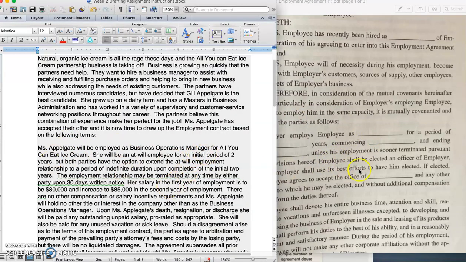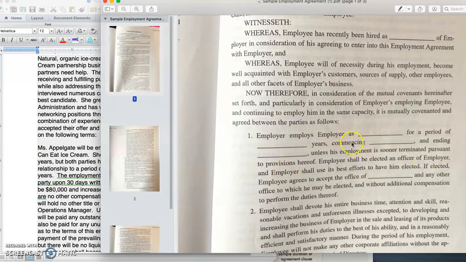So we're going to look at these facts and start to compare it to what information is contained in this sample paragraph. We're likely not going to need all of it based on the fact pattern, but we may need some of it. And this is where that adjustment gets made. So you would want to discuss that employer is going to employ employee for whatever period of time.